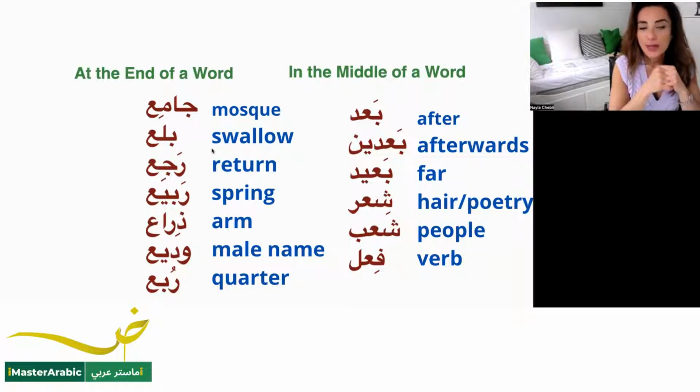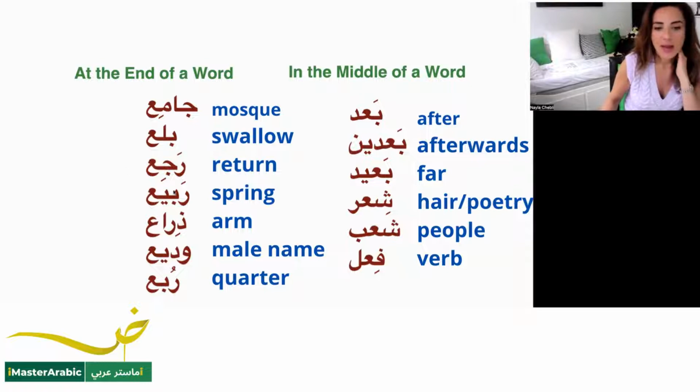Next one is spring, which is also a boy's name. ربيع. So I'm not saying ربيع. I'm not saying a at the end. I'm saying the ayn, which is a consonant. ربيع.